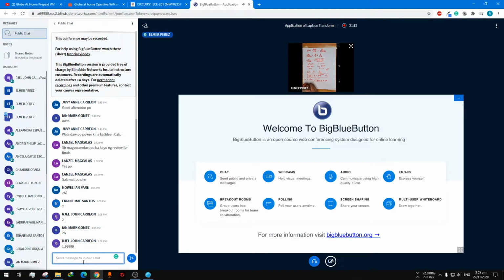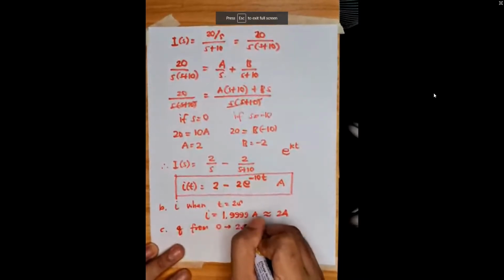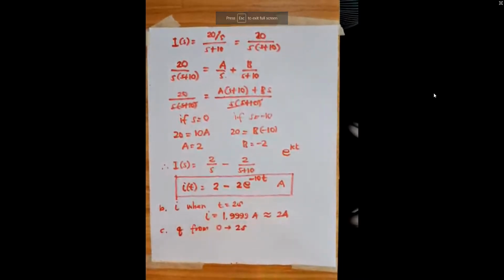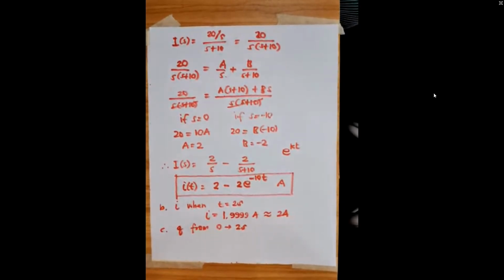Okay, so my next question will be, what is the total charge from 0 to 2 seconds? Ayan. What's the total charge that has flown in the circuit from 0 second to 2 seconds?